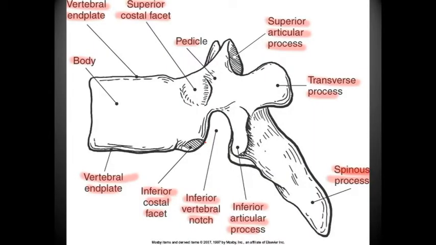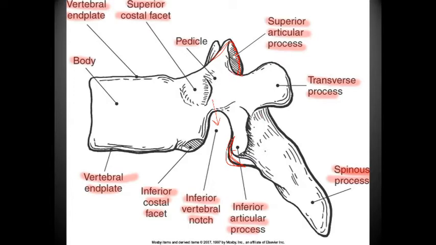Here we have a sagittal or a side view, and notice that we have the inferior vertebral notch here, and so we have the inferior articular process and the superior articular process. Those two come together to form the zygapophyseal joint.